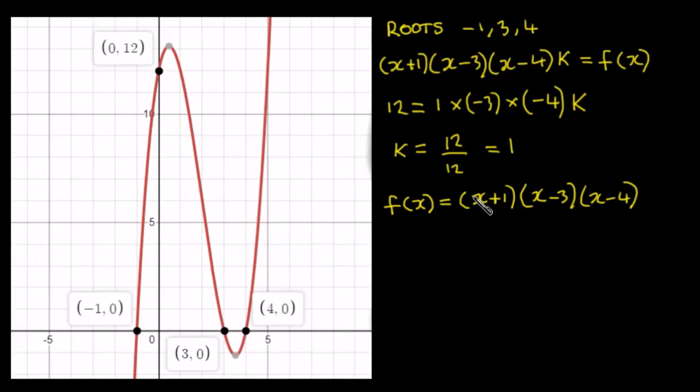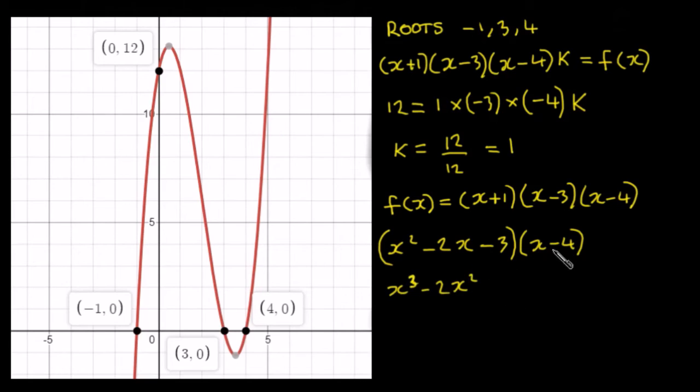We'll multiply these two first out, and then we'll multiply it by the final one. These two are going to give us x squared minus 3x plus x is minus 2x, and minus 3. We'll take that whole thing and multiply it by x minus 4. Multiplying by x first, we have x cubed minus 2x squared and minus 3x.